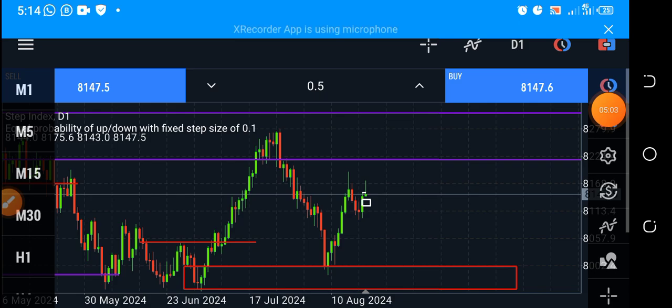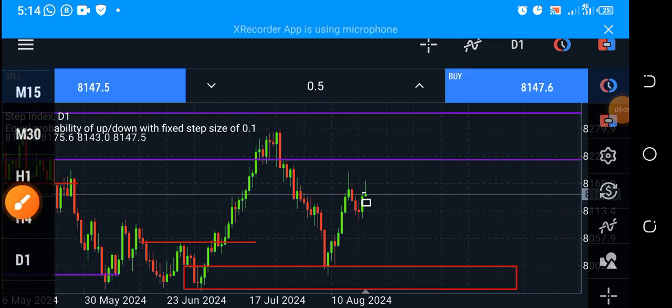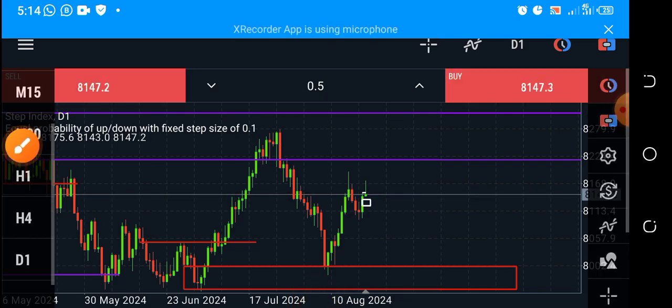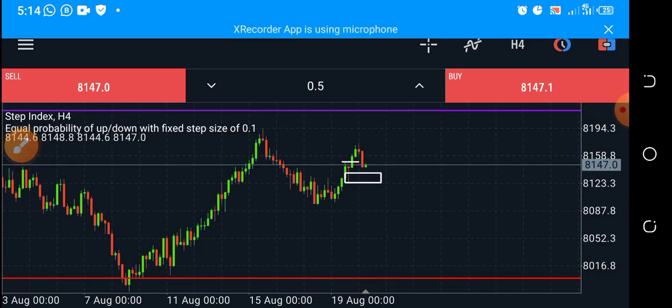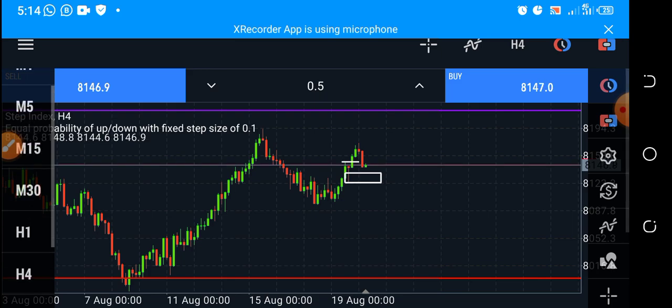Let's look at the 4 hours. This is what we have on the 4-hour time frame. On the 1 hour, we might see it a bit clearer.